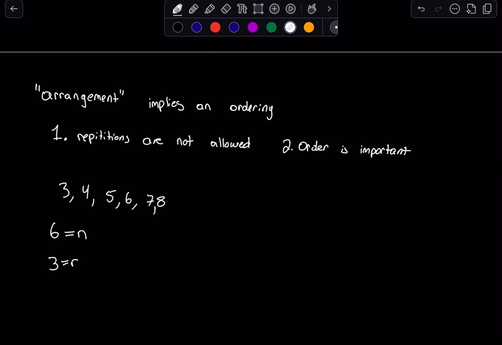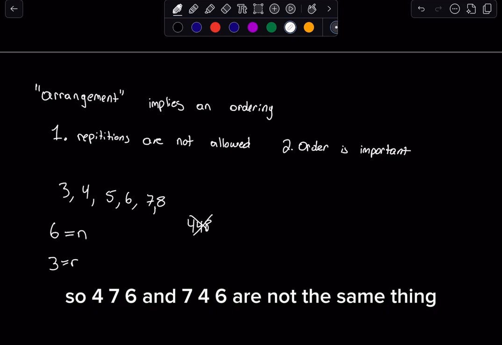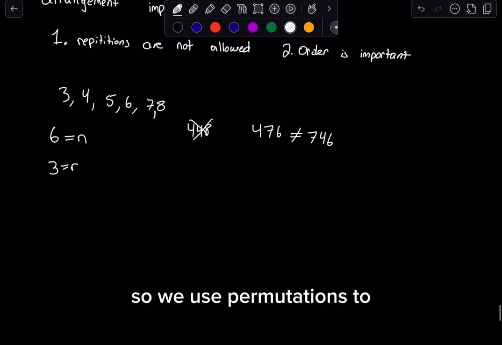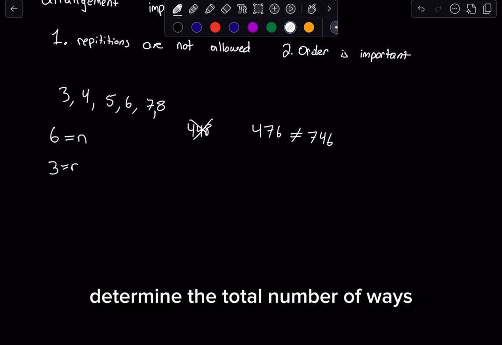For example, 448 is not acceptable. And order is important. So 476 and 746 are not the same thing. They're distinct. So we use permutations to determine the total number of ways.